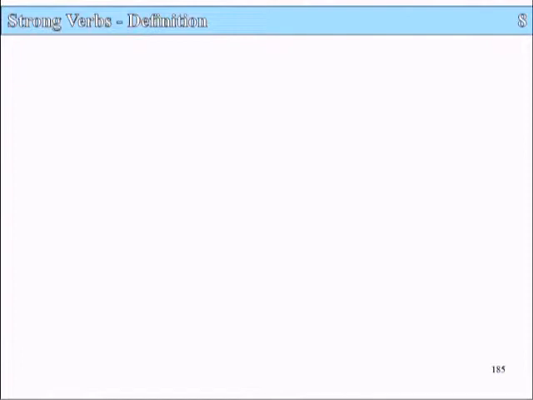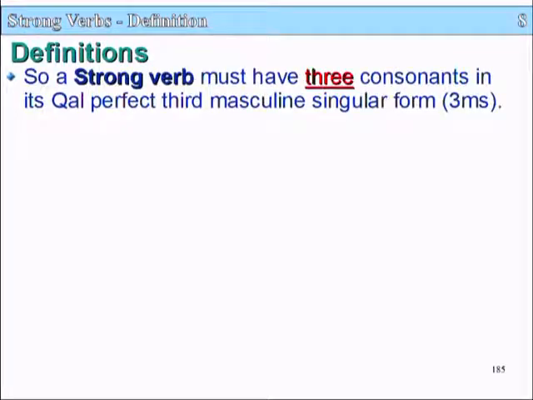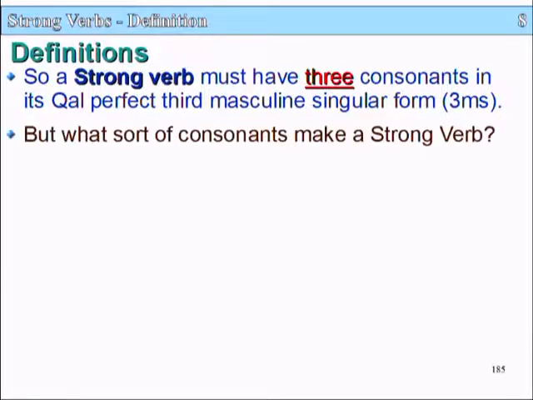Slide 185, Lesson 8, Strong Verbs, Definition. So let's continue with our definitions. We've already seen that a strong verb must have 3 consonants in its Qal perfect third masculine singular form, or 3ms. We saw that in the previous slide. But what sort of consonants make a strong verb?